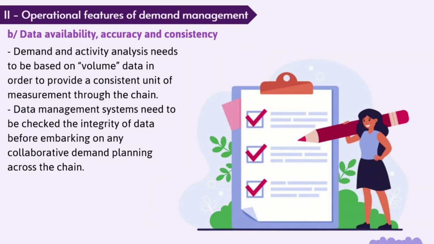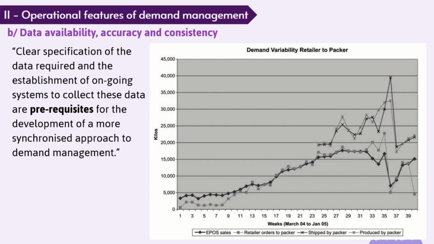Data availability, accuracy, and consistency. Demand and activity analysis needs to be based on volume data in order to provide a consistent unit of measurement through the chain. Demand management systems need to check the integrity of data before embarking on any collaborative demand planning across the chain. Figure 9 shows the activity pattern for mid-chain.